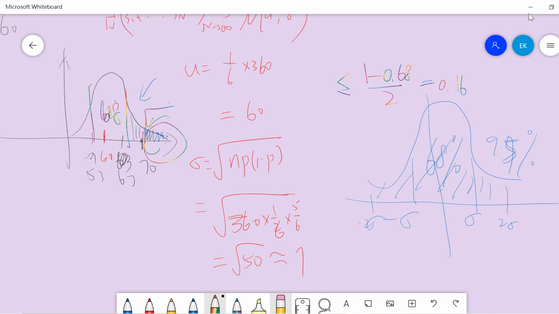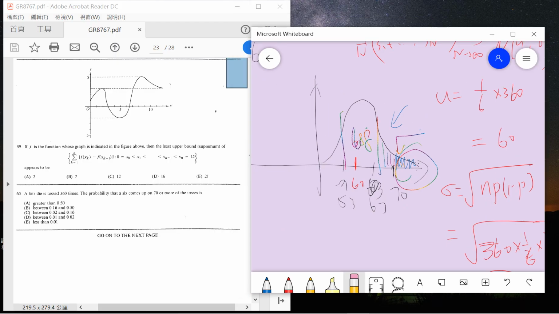Right. So the region we want to find is definitely smaller than 0.16. Okay, so the answer is C, between 0.02 and 0.16. So the answer is C. Okay, that's it.